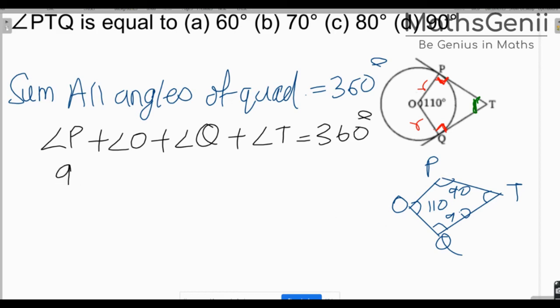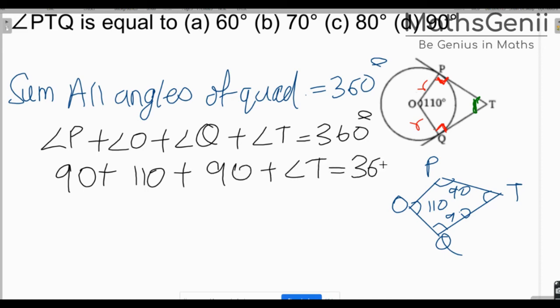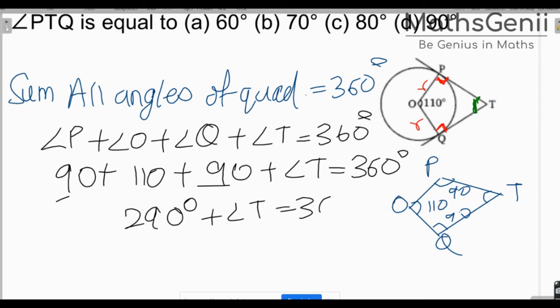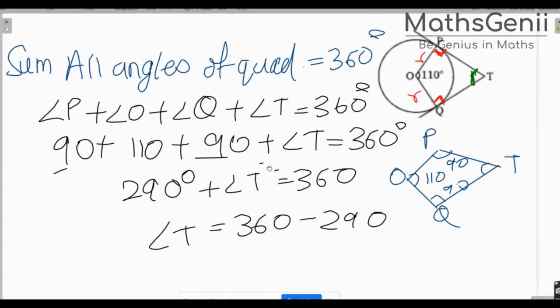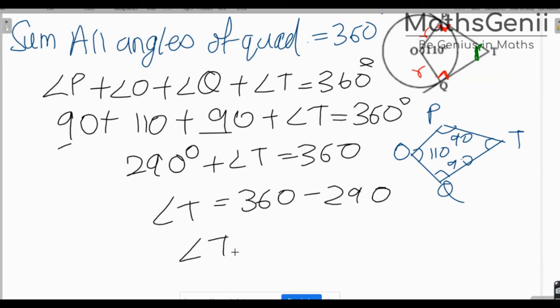P is 90, O is 110, Q is 90, angle T I don't know. 90 plus 90 is 180, 180 plus 110 gives you 290, plus angle T is equal to 360. Angle T is 360 minus 290, which is 70 degrees.